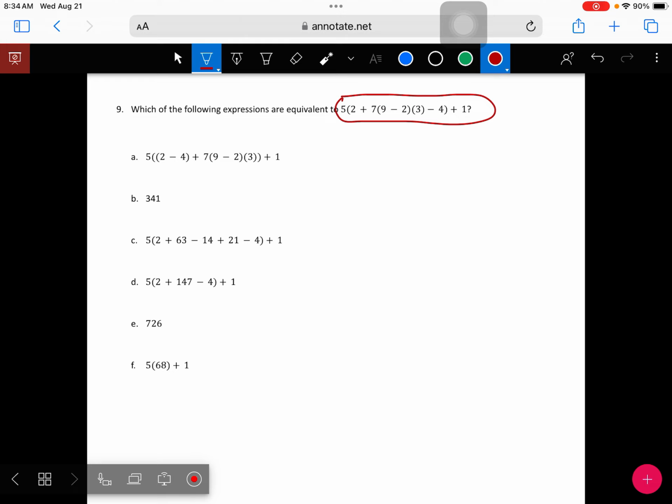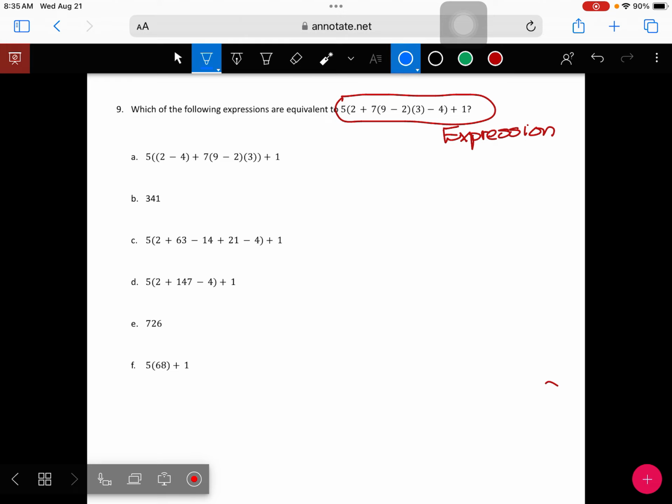No, not a trinomial. It is an expression. I mean, that is what we're talking about for this chapter. Is it an algebraic expression? No, because there's no variable in it. But it says, which of the following expressions are equivalent to that? What do we have to do and follow in order to get a correct answer here?